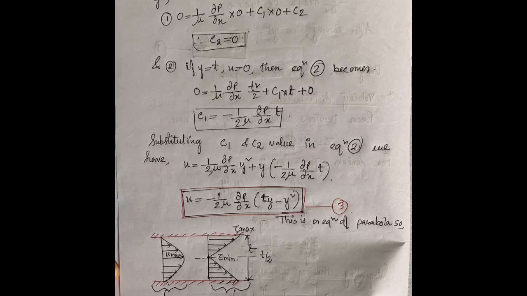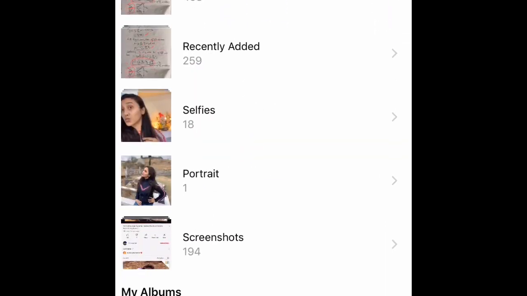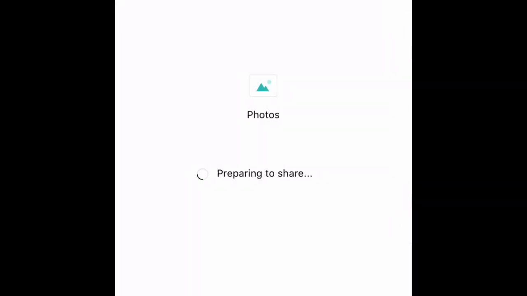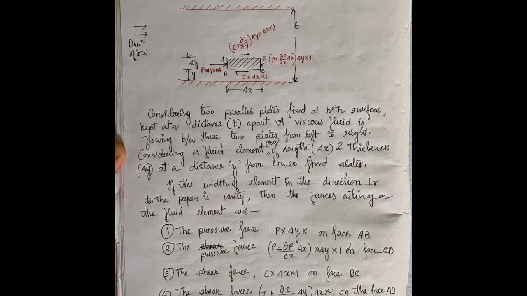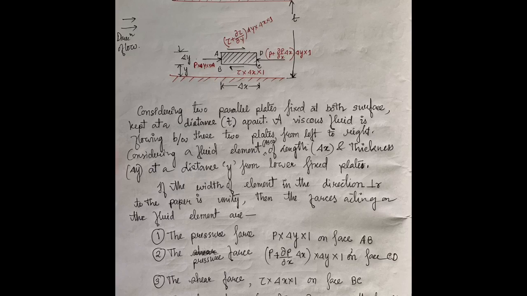At the boundary of the fixed plate, there will be no velocity, that means zero velocity. So, the figure will be a parabolic one. You can see that in between the two plates, in the middle, the flow velocity u max will be maximum.